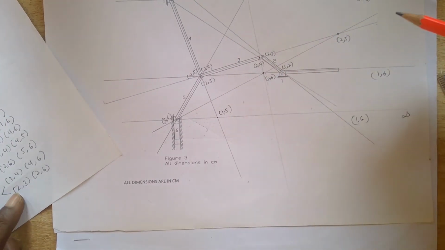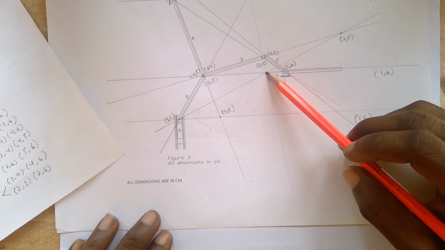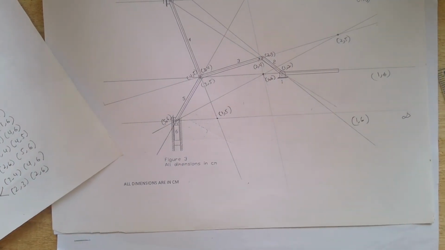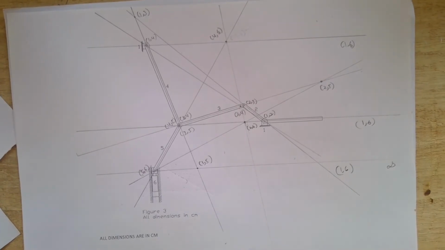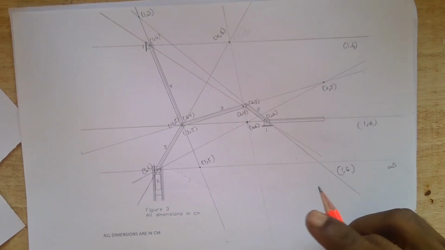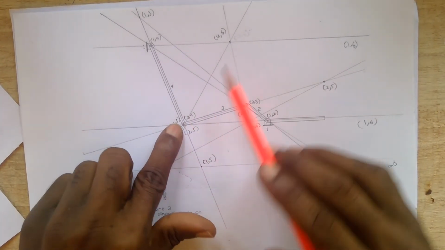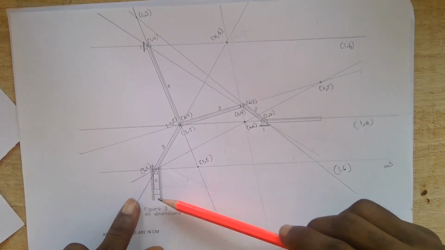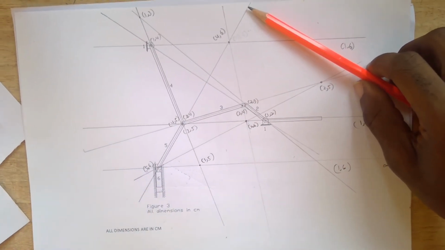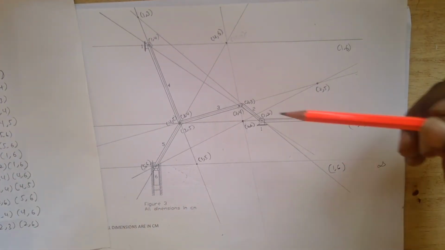And then we need 2-3, 2-6. This is 2-3, this is 2-6. Now we have 3-4, 4-6, so this is 3-4 and this is 4-6. I have this line here. That will be 3-4, 4-6.